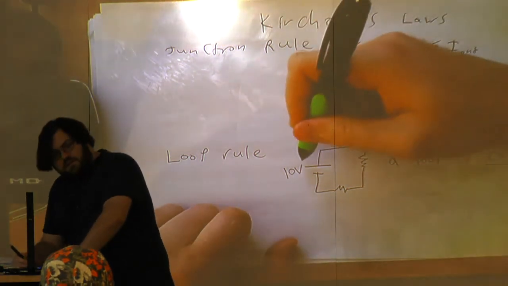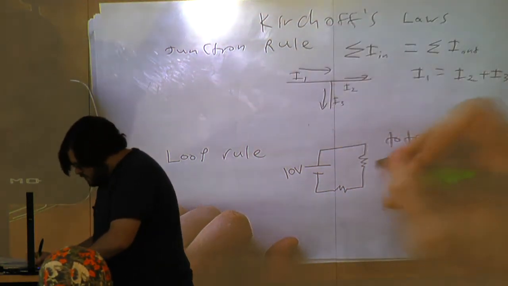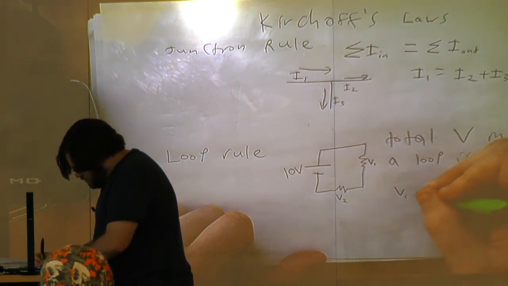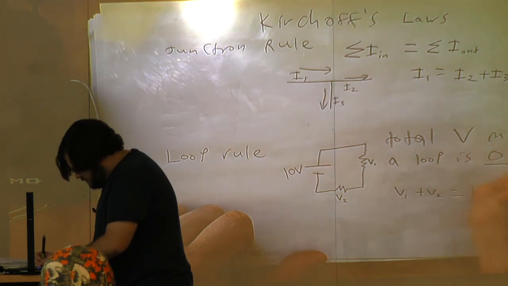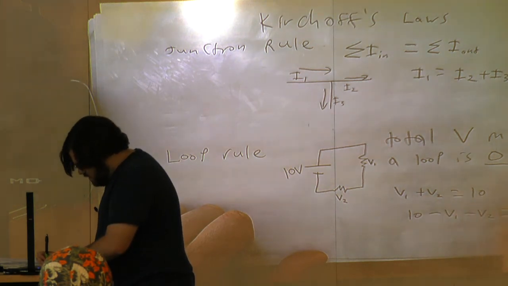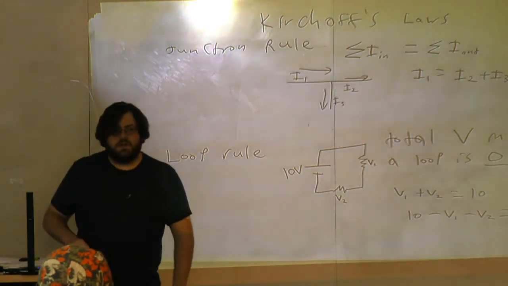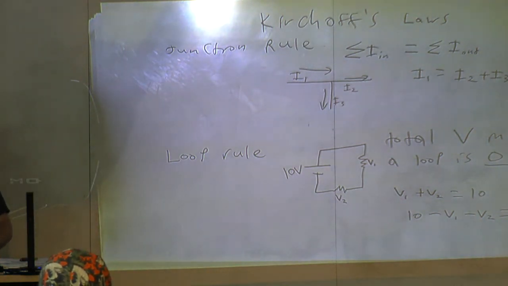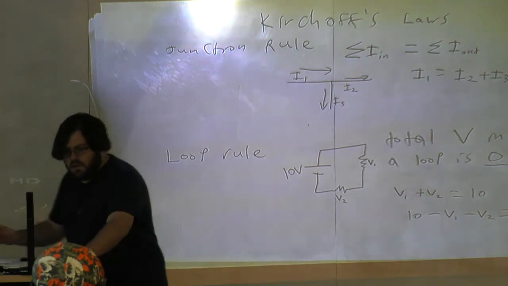So that means if this battery is 10 volts, we have some voltage here, V1 plus V2 equals 10, or 10 minus V1 minus V2 equals 0. Now, does anyone have any questions on that so far? No? All right. I think circuits are worth doing a problem for.